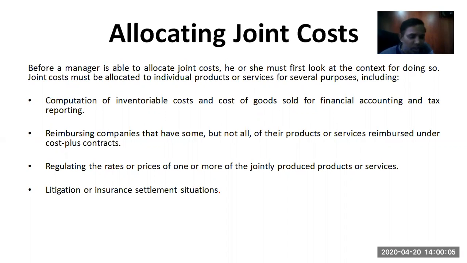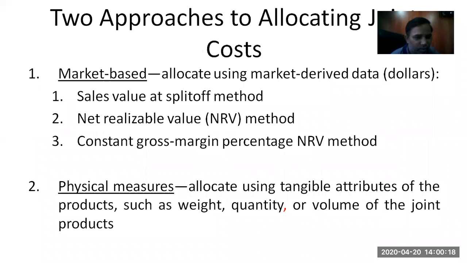You cannot allocate the entire cost to product A or product B. Otherwise, there will be a problem of overcosting or undercosting. And for insurance settlement situations, etc., you need to allocate joint cost. Now, two approaches are there with the help of which you can allocate the joint cost. One is known as market based.